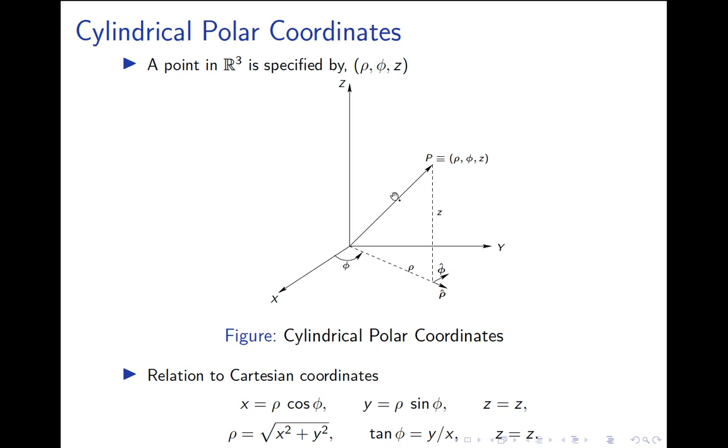And this is a half plane because its boundary is the z-axis, and then it can continue in this direction indefinitely. The intersection of the constant phi surface and the constant z surface, one a half plane and one a full plane, gives you the rho axis.